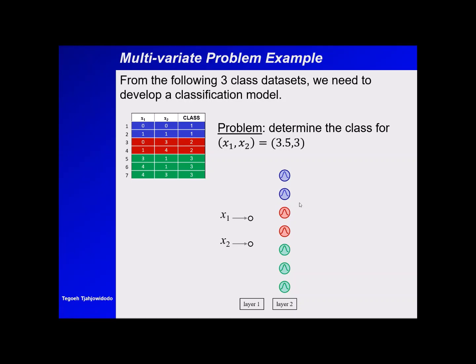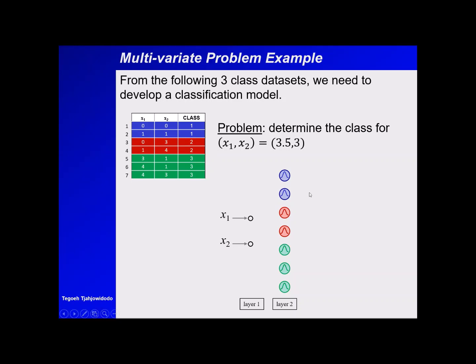And then each of these neurons will represent the joint probability of x1 and x2 at these two mean values. Same as before, but now we have a joint probability because we have two variables. So the probability density function that we have to sketch should be in three-dimensional space, because we now have a joint probability density function.